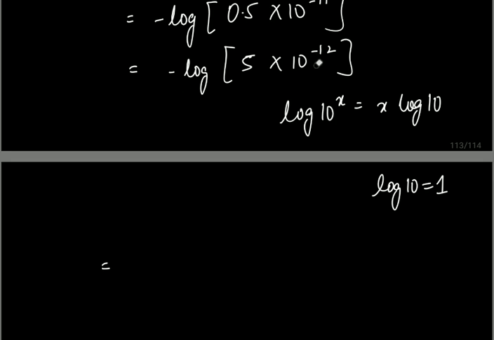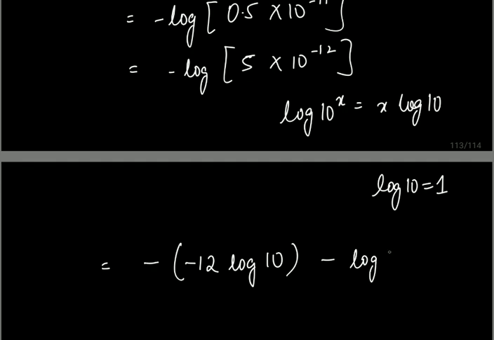Because I've written log of 10 raised to the power x, it will become x log 10. So I'll be writing now for this value, minus, right? I'm applying this formula. So this will become minus and minus 12 log 10, right?